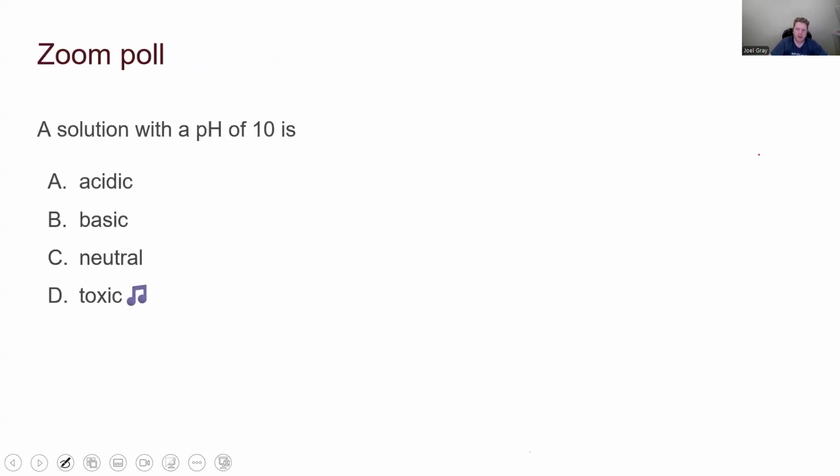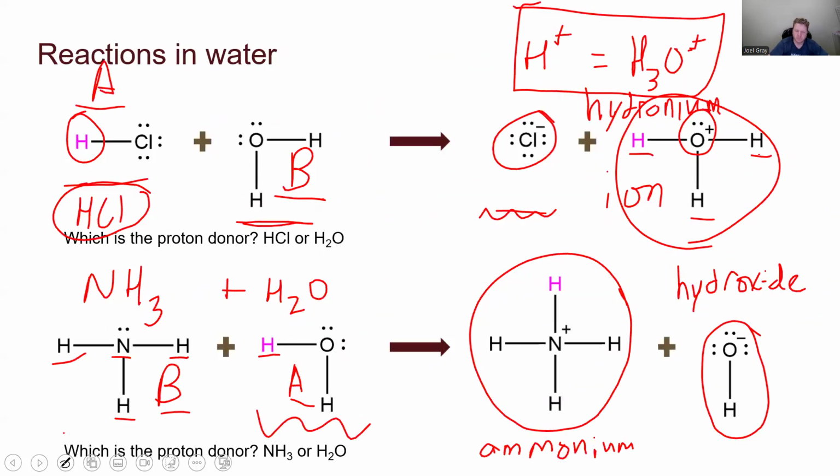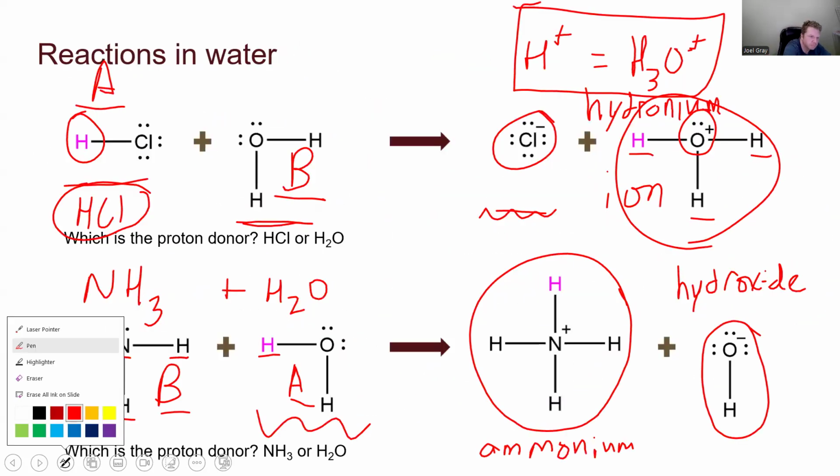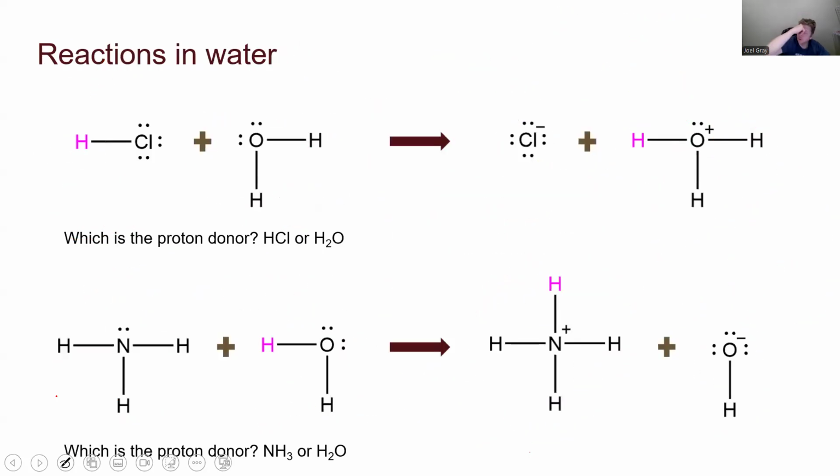Well, let's jog back for a second. And I'm going to clear all my beautiful markings on this slide. A substance is acidic if it leads to the production of more of this right here. HCl. When you add that to water, it reacts with water and makes a bunch of this right here.